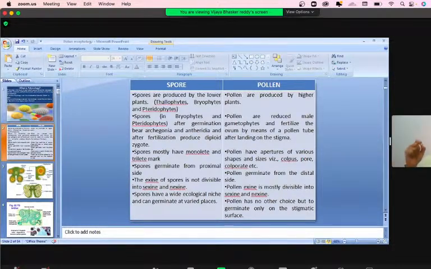And the main difference between the pollen and spore is spores have a wide ecological range, whereas pollen are restricted to germinate only on the stigmatic surface. For example, if you keep a bread on a table for 2 or 3 days, you can see the growth of fungus on that.